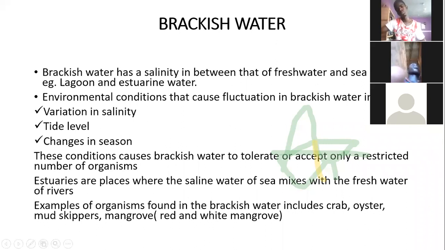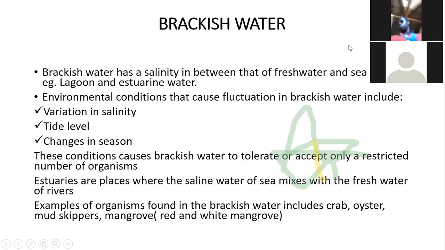Brackish water has a salinity between that of freshwater and sea water. Now there are some fluctuations, that is either a rise or a decrease in the brackish water.